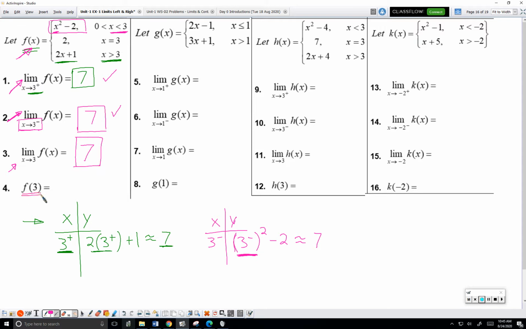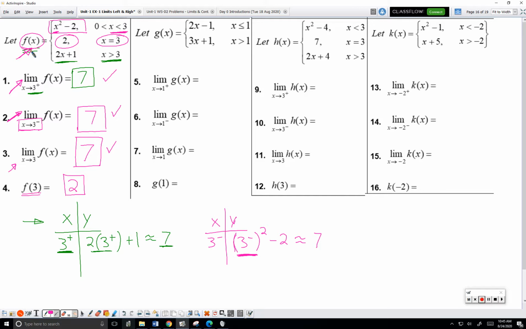F of 3 is different, however, because now x has a value that is exactly 3. So when x is exactly 3, y is exactly 2. And for future reference, because the left and right limits are the same, there's not a jump. Jumps only occur in piecewise. There could have been a jump.